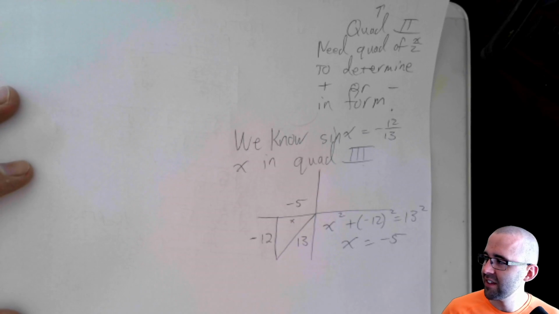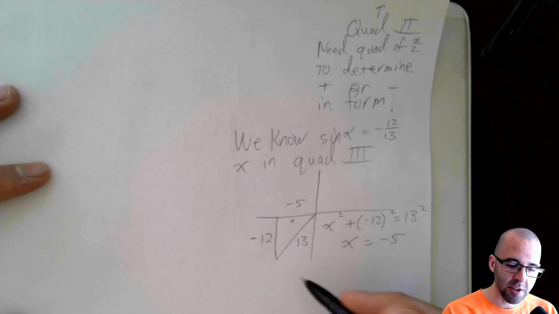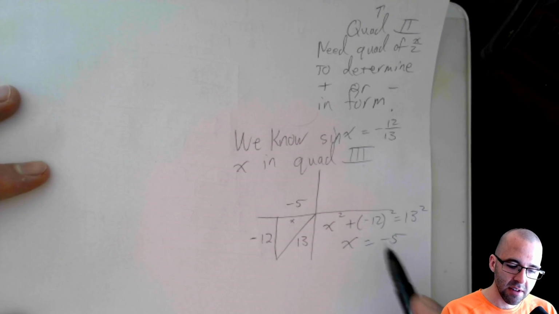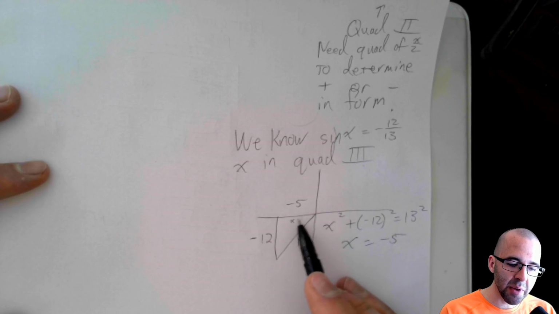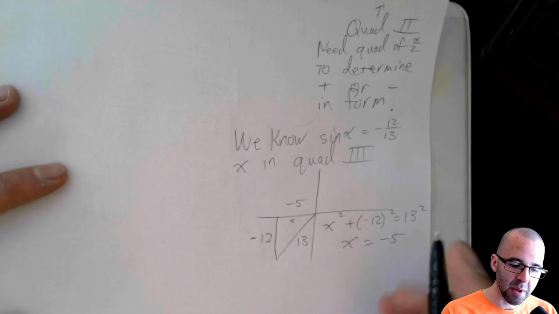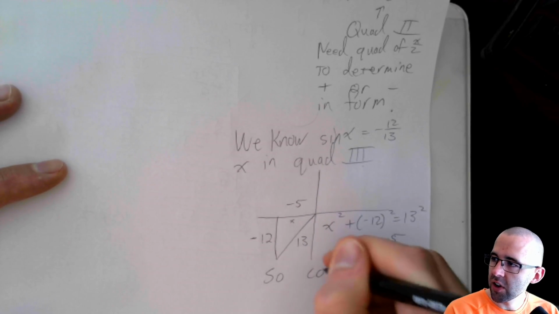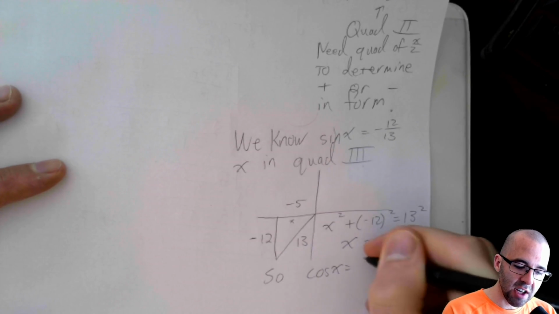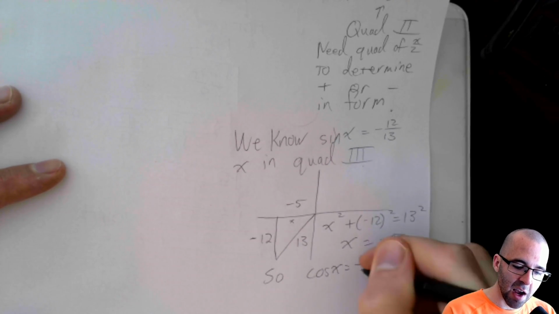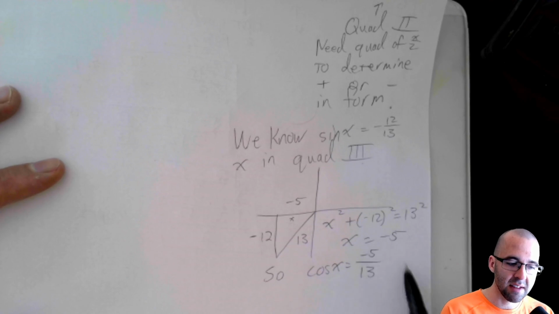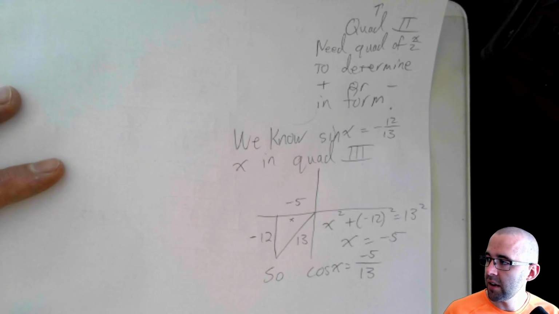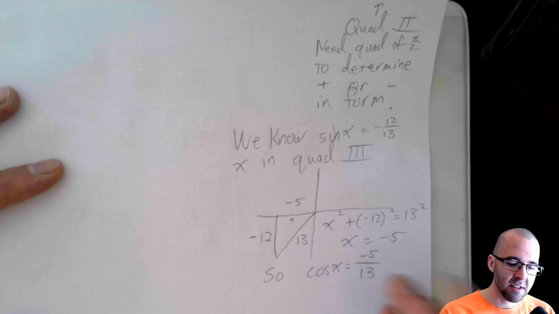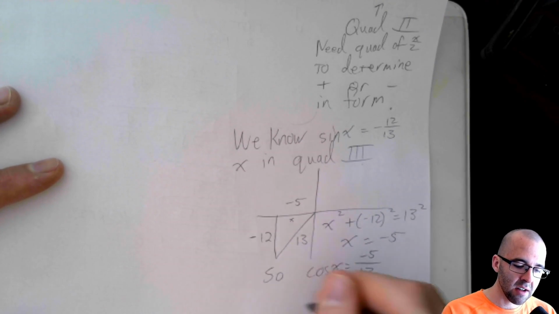Sorry. Draw a triangle in the right quadrant. I know what x has to be, because now we know what the cosine of x is going to be. Right, so the cosine of x is the adjacent, negative 5, divided by the hypotenuse, 13. And we can plug this in now and solve. So cosine of x is negative 5/13. So let's plug that in.